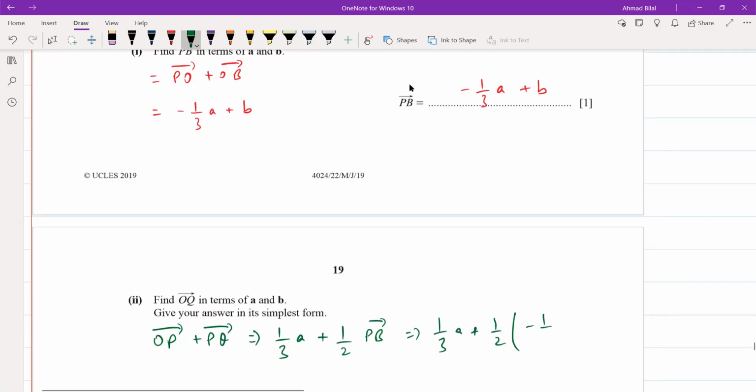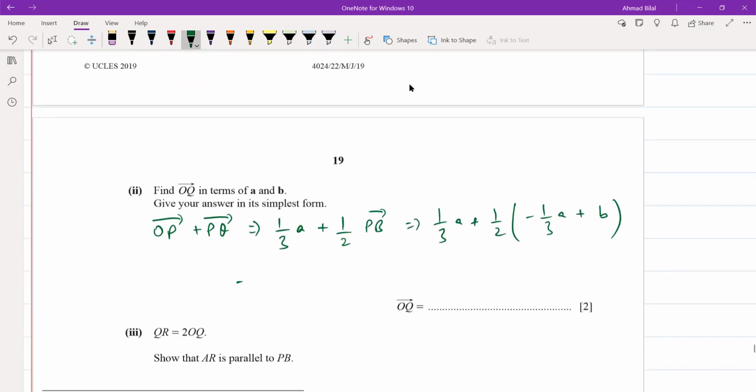PB क्या था? minus 1/3A plus B. अब उसको सिंप्लीफाई करना होगा. तो यहाँ से हमारे पास आ जाएगा 1/3A minus 1/6A plus 1/2B. या बच्चे कैलकुलेटर से अब इसको सिंप्लीफाई कर लें. आपके पास ये आ जाएगा 1/6A plus 1/2B. ठीक है? So this turns out to be 1/6A plus 1/2 times B.